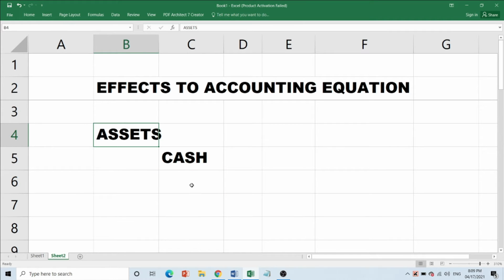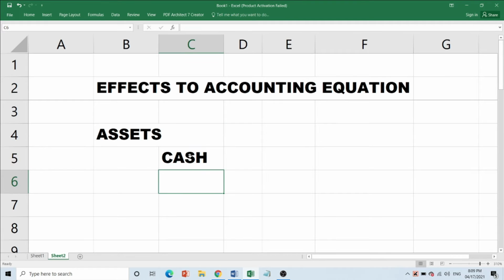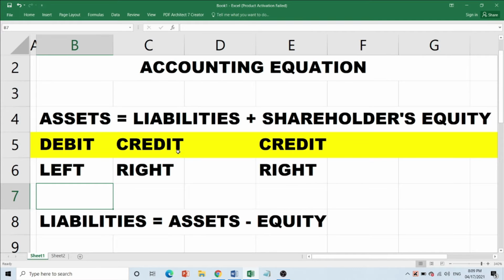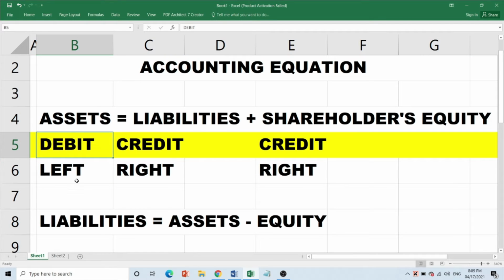ang value received is in assets, say a building or furniture and fixtures or equipment, machinery. Ang nangyari nung bumili si company ng assets is nagbayad siya ng cash. Remember that assets have a normal balance of debit. Ang normal balance po ng assets is debit, so nandoon siya sa left side.